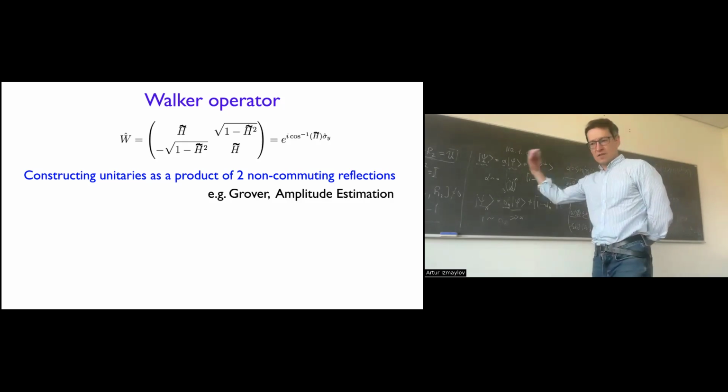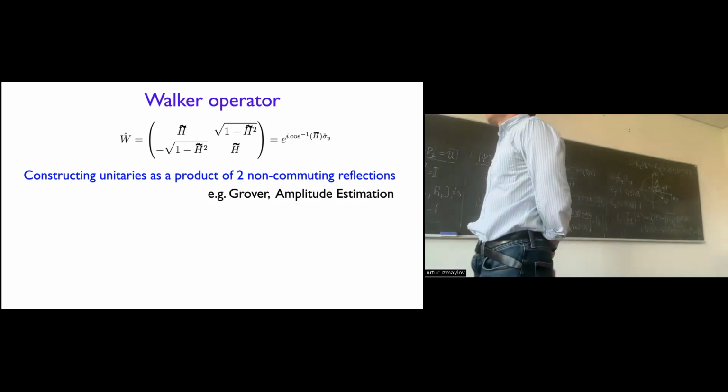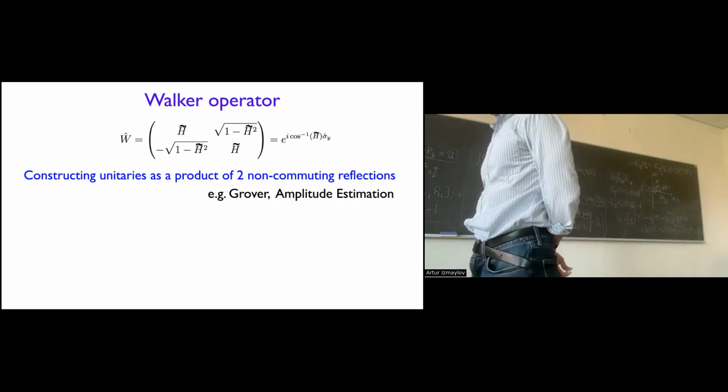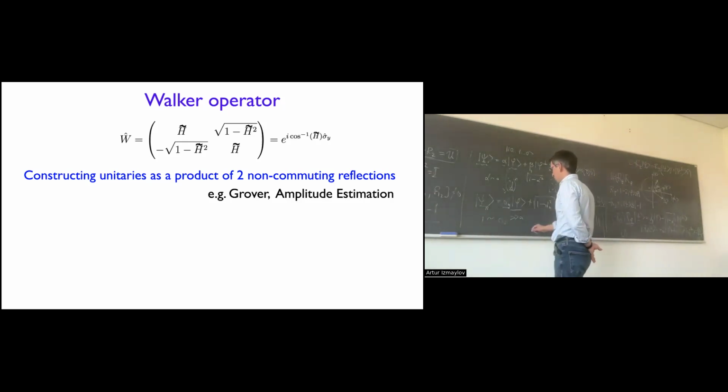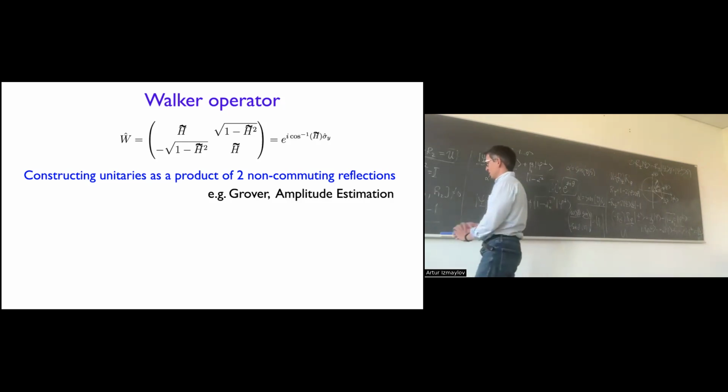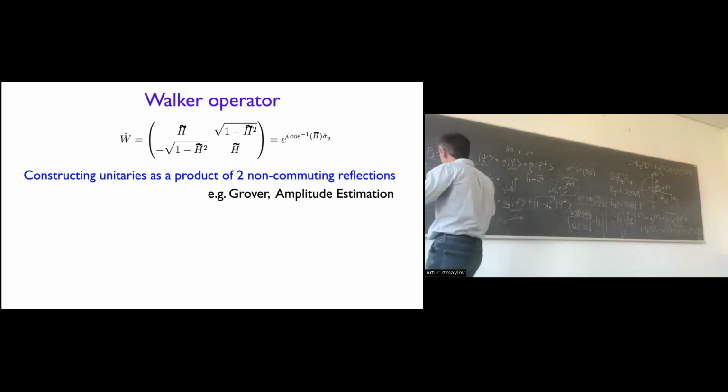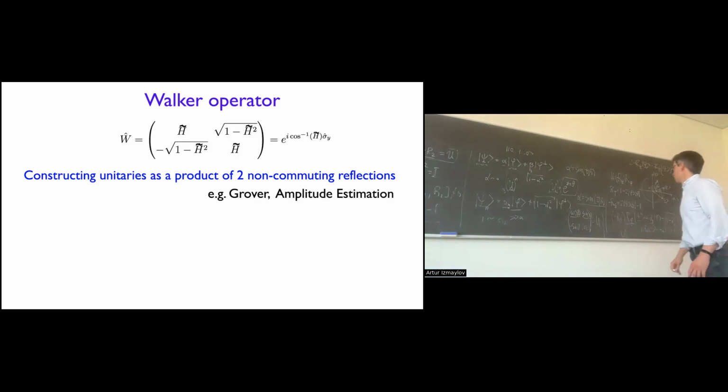And it turns out the same idea happens in building the Walker operator, but the Walker operator is more complicated. That's why I want to show first the simple ones that are easy to grasp, because here everything is happening in the two-dimensional subspace, and it's a very easy way to think about things.